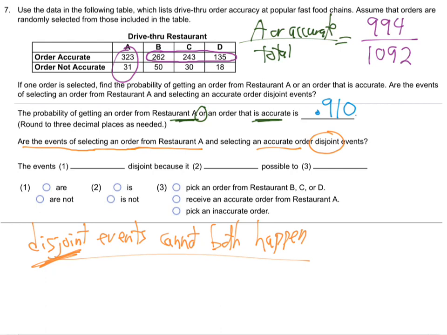So again, disjoint means, think about it like disconnected. If something's disconnected, it's not working together. These do work together, don't they?